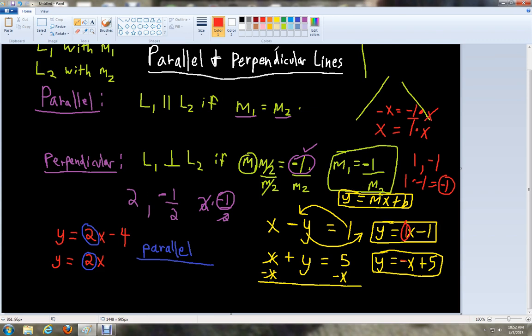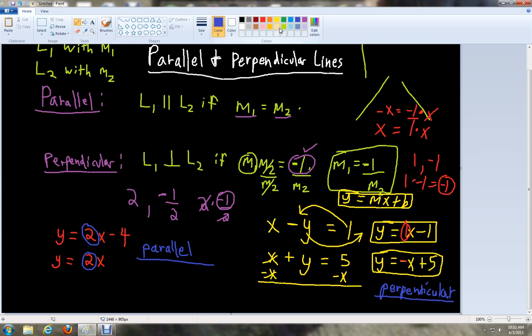So we can conclude that this set of lines is perpendicular. Okay, so perpendicular lines.